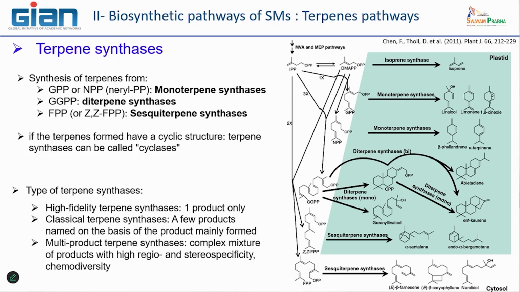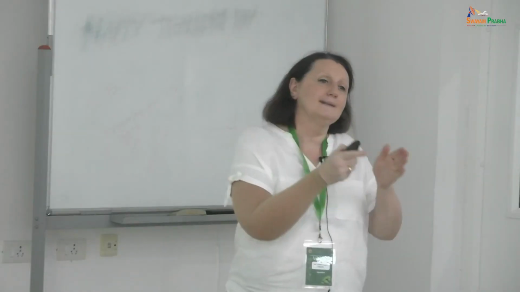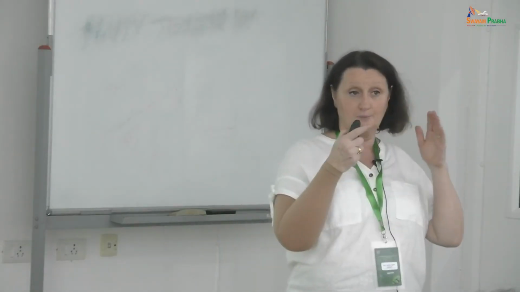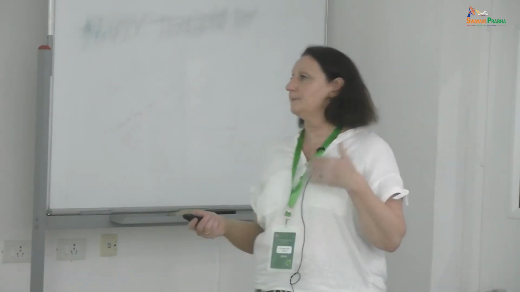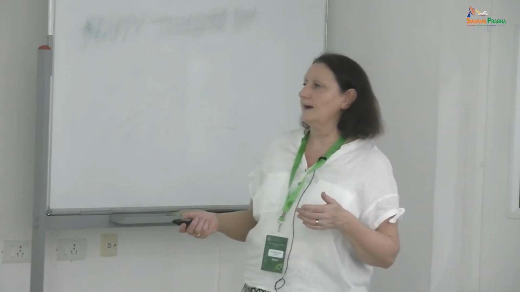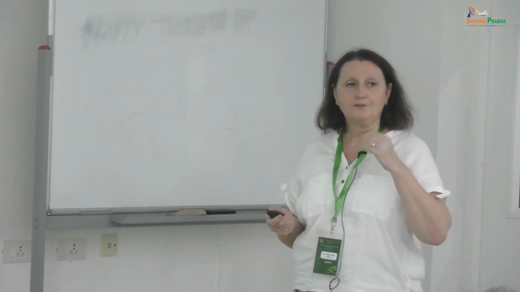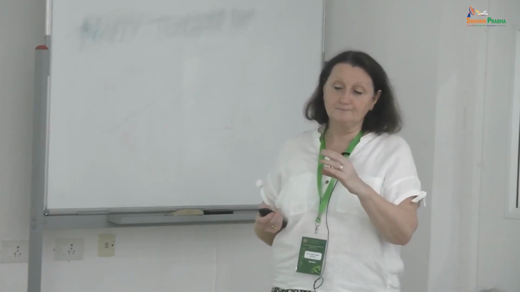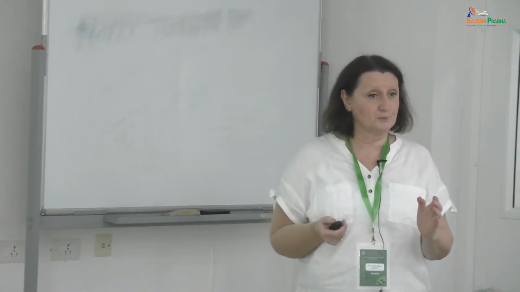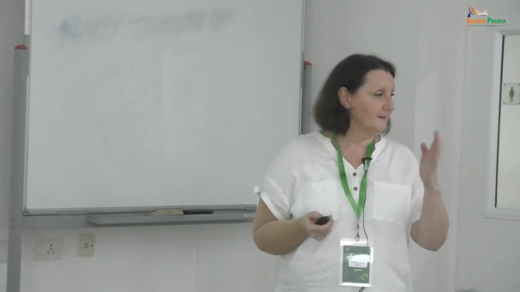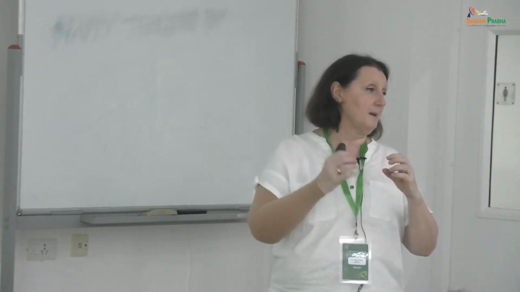And this is a very complex family. I didn't speak about this one previously because it is completely dedicated to terpene production. And this family is what we call the terpene synthases. Terpene synthases have a very high fidelity, meaning they have a very high affinity with a specific substrate, monoterpene, diterpene, triterpene, and they can catalyze the addition of a new DMAPP in order to have a longer chain, for example.